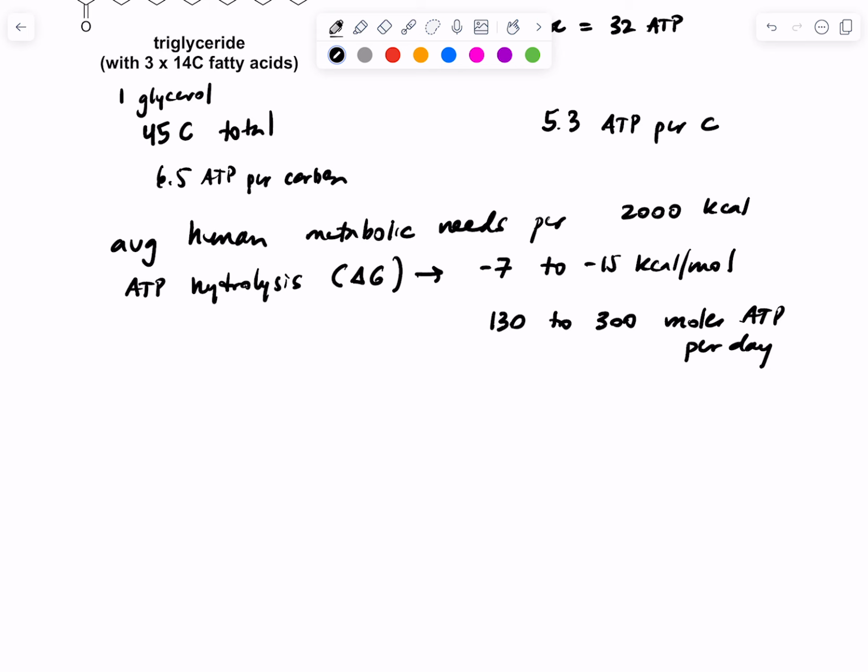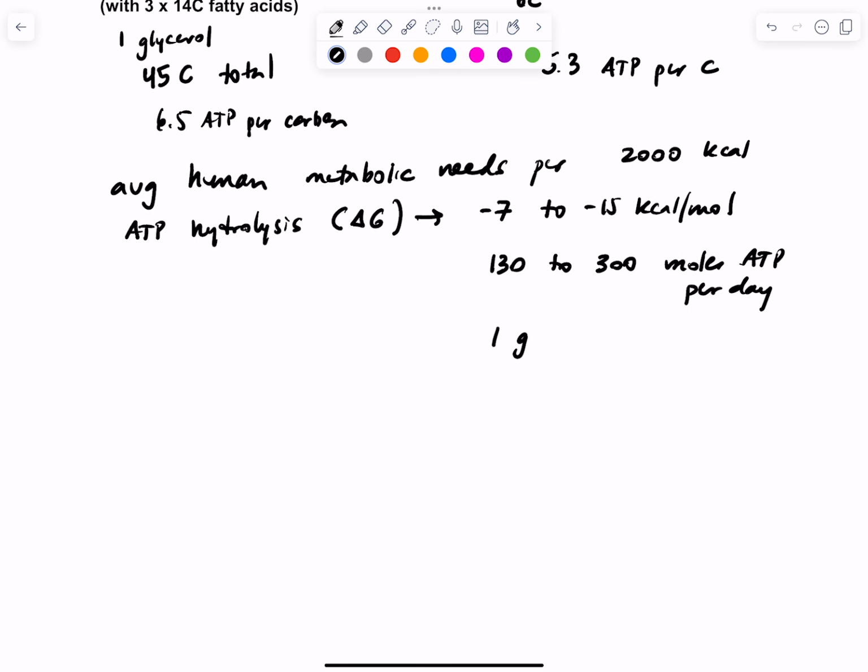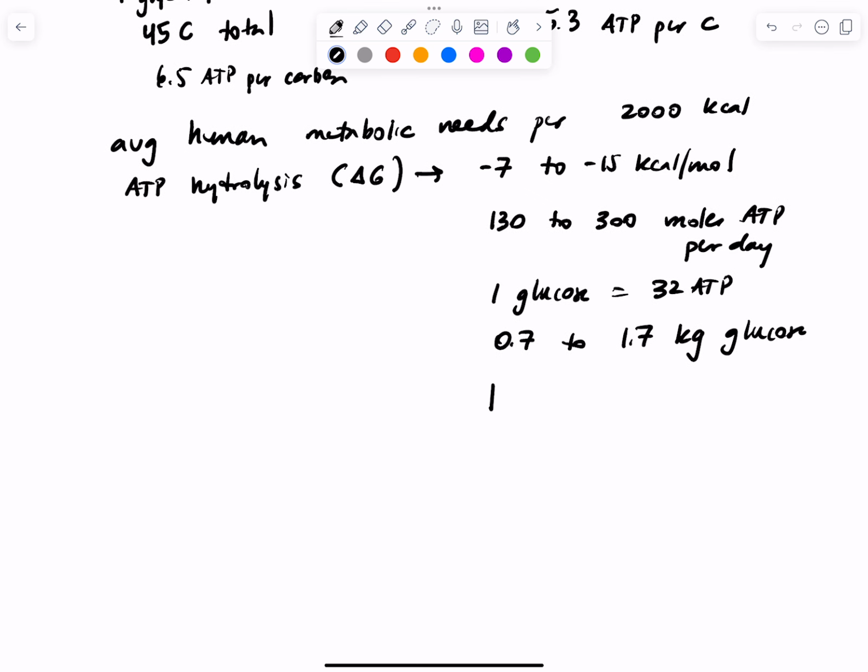But we also translated that based on the idea that 1 glucose equals 32 ATP. We said that you needed about 0.7 to 1.7 kilograms of glucose per day if that's all you were eating. Now, we've just said that for one molecule of a triglyceride with 3 14-carbon fatty acids, that equals 294.5 ATP.